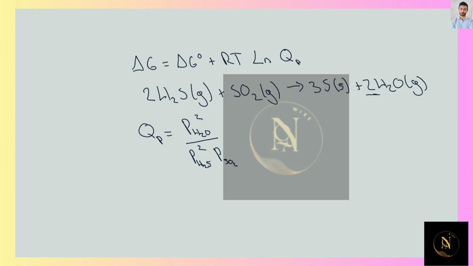So if we substitute the values, we are going to get the pressure of water. In this case, it is going to be 2.5 atmospheres. I'm going to omit the units just for sake of clarity. For the pressure of H2S, the value turns out to be 0.01.